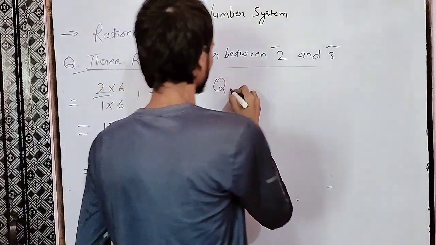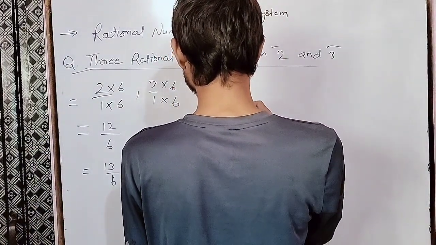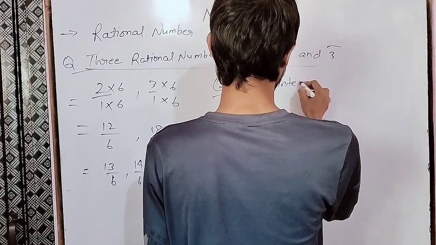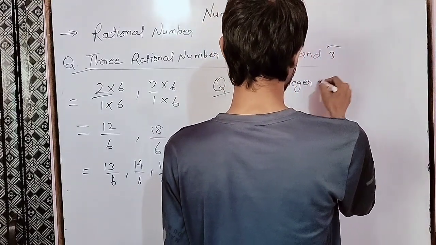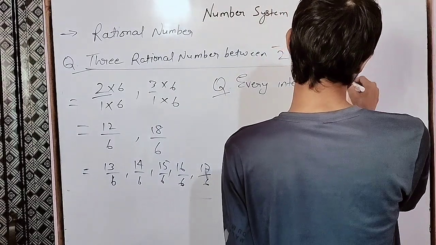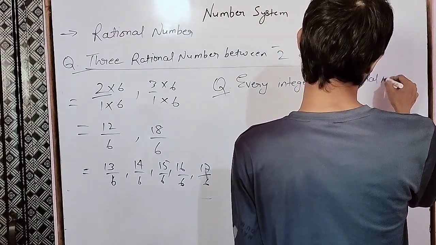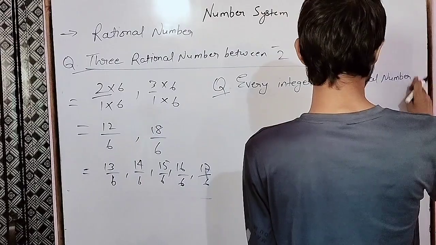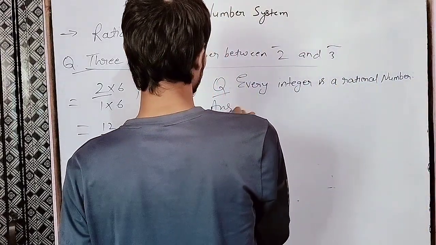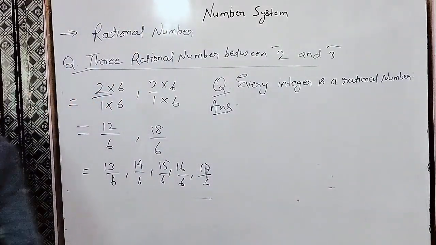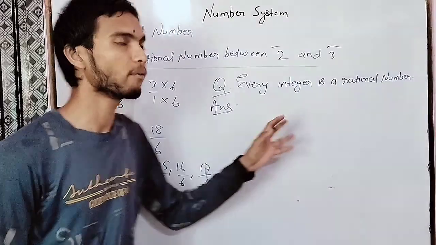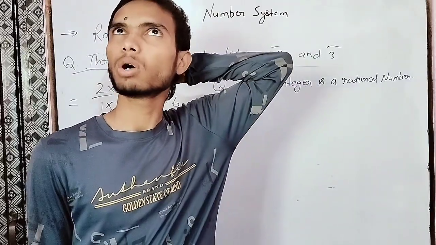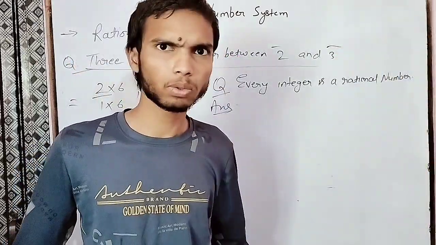Now I have a question. Read this question and give me the answer. It is saying every integer is a rational number. Yes, it's true.